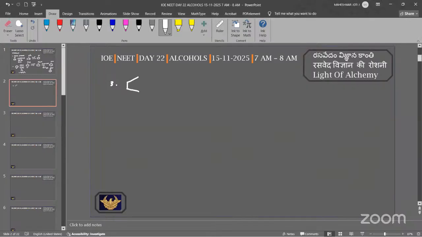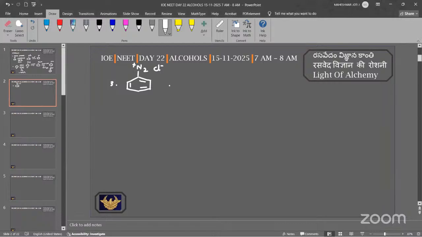Third method, from benzene diazonium chloride. This we have discussed while discussing SN1 type of nucleophilic aromatic substitution reactions. What are the compounds which undergo SN1 type of nucleophilic substitution reactions? Do you remember? Benzene diazonium chloride or benzene diazonium salts.